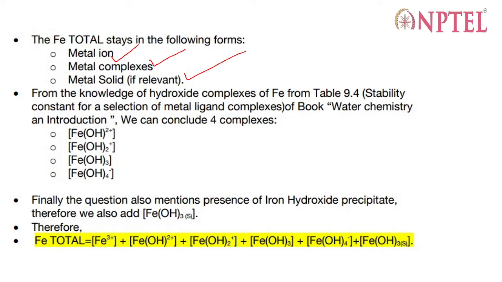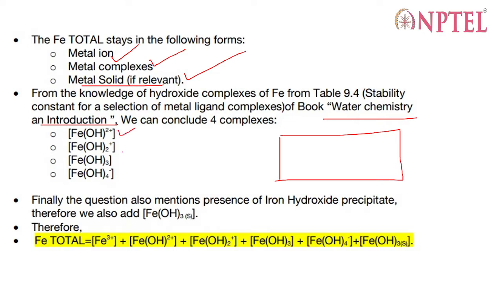I'll tell you why later. First, you go to this table 9.4 or any book you can refer, like Water Chemistry: An Introduction. You will find a similar chart or table, and there you will find the complexes, right?